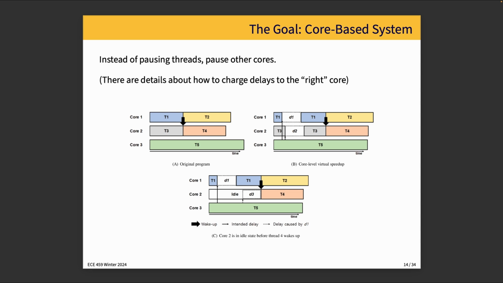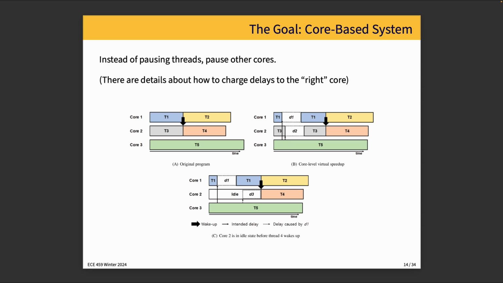But yeah, what does the implementation look like? I mean, this diagram gives you kind of a similar idea to what we discussed previously, right? The original program, there's some threads, they execute on some different cores, and we can do some core level virtual speed up by inserting pauses, i.e. putting the other cores to do nothing temporarily to simulate what would happen if, say in this case, thread T5 happened to run faster.